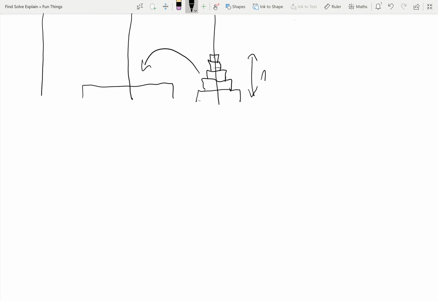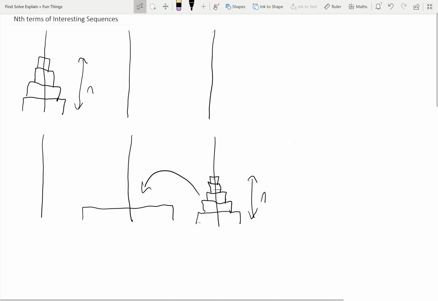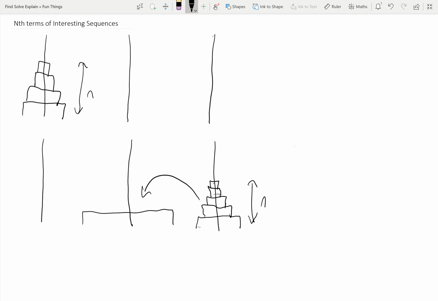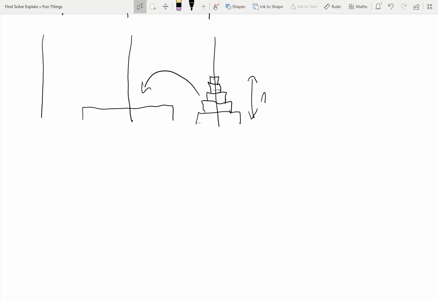so let's call the amount we're trying to find out the nth term of a sequence. We're trying to find out, given you have n disks, how many moves you need to make. So let's call this hn. We know that h1 is equal to 1. That's kind of obvious.